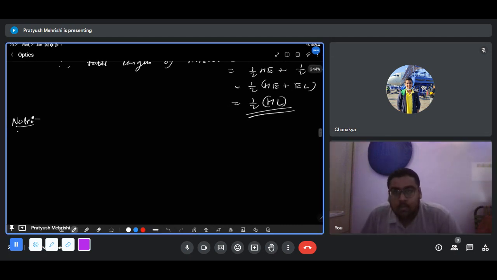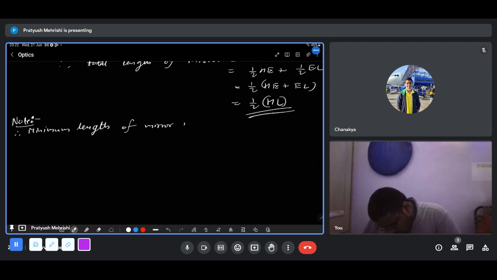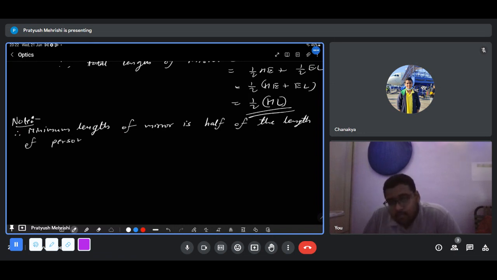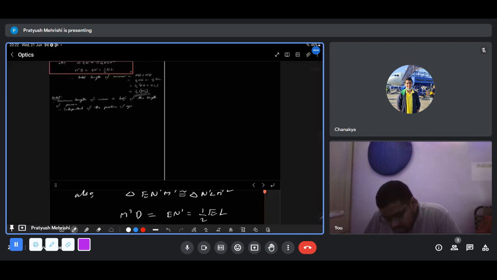Therefore, the minimum length of a mirror is half of the length of the person. The important point is that this length is independent of the position of the eye.